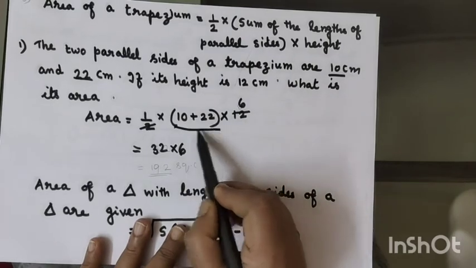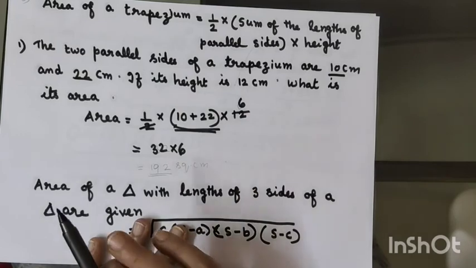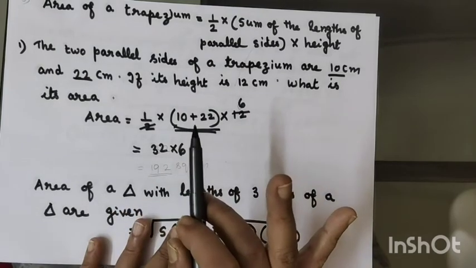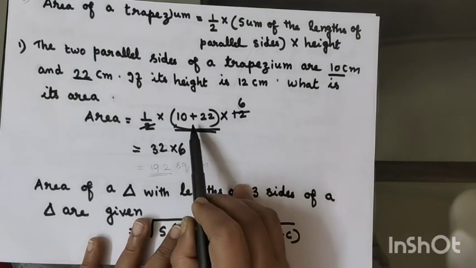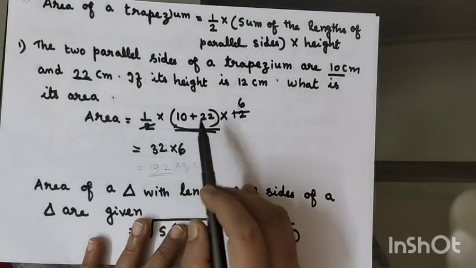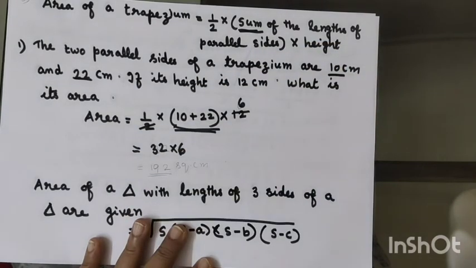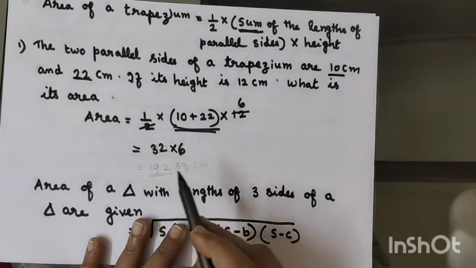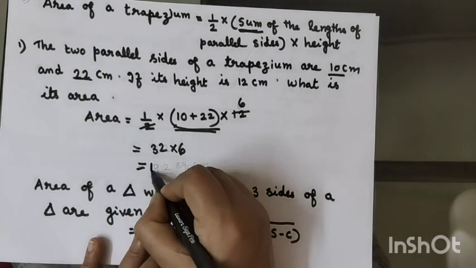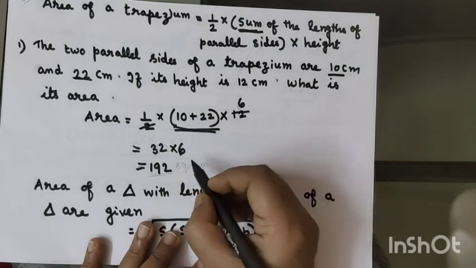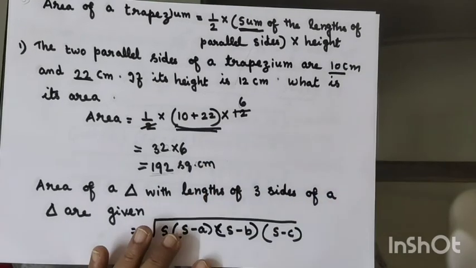Instead of adding, they will multiply all the numbers, so they will get a wrong answer. So it is very important: sum of the length of the parallel sides. That means you have to add the length of the parallel sides. So 32 into 6, that is equal to 192 square centimeter.